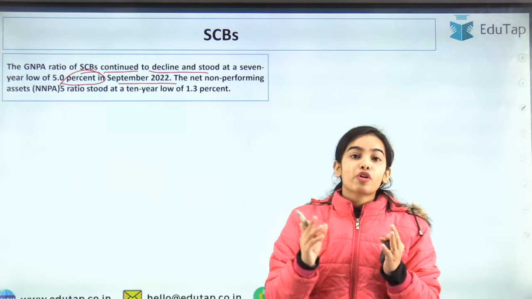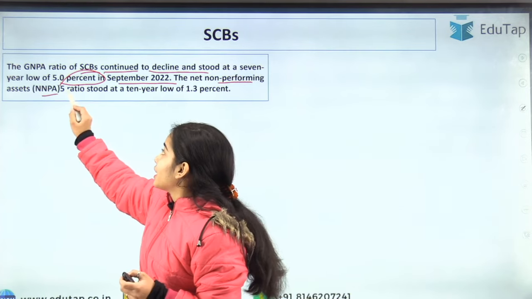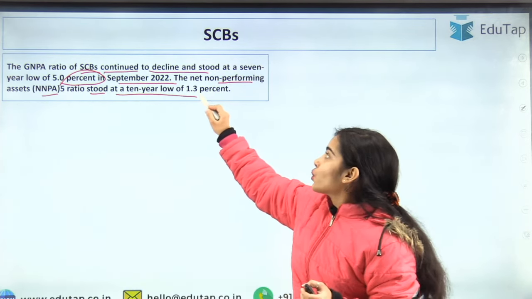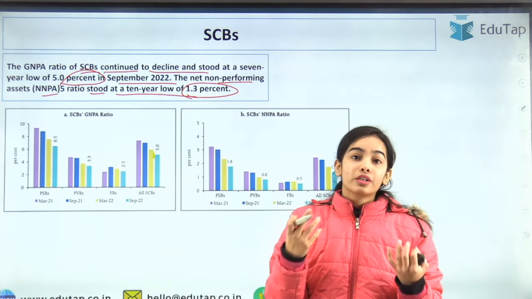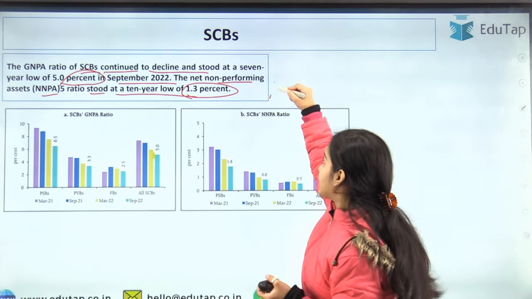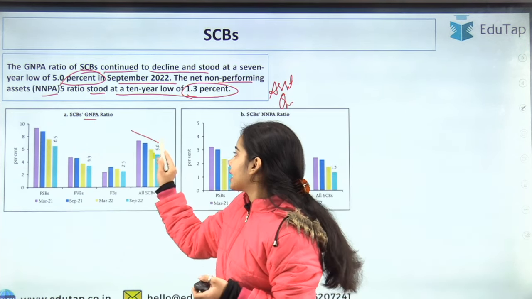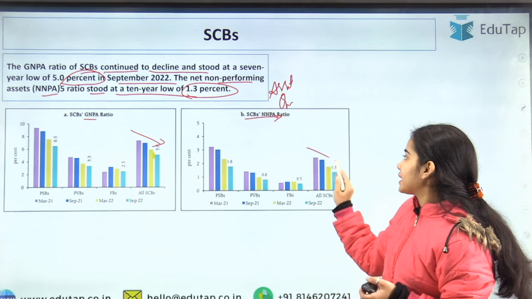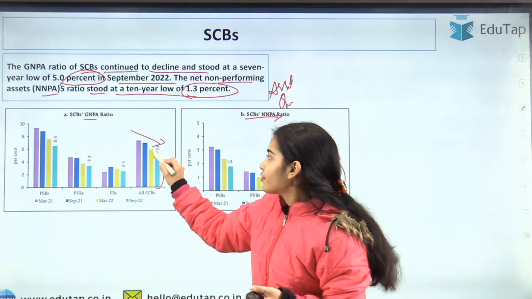The net non-performing asset, that is NNPA, stood at a 10-year low of 1.3%. So you can see how well our asset quality is doing. The asset quality is quite good. The gross non-performing assets are declining, the net non-performing assets are declining, and it saw a 10-year low and a 7-year low.